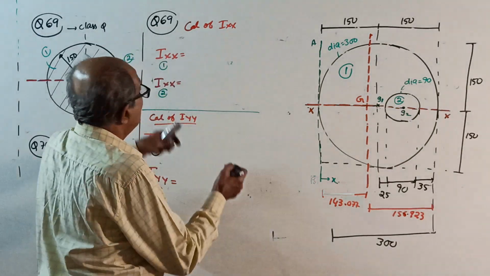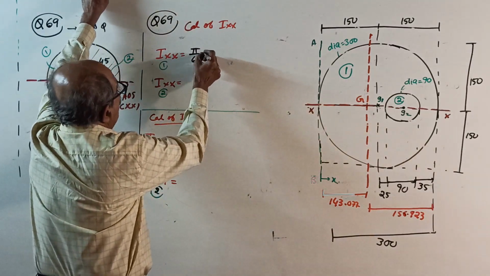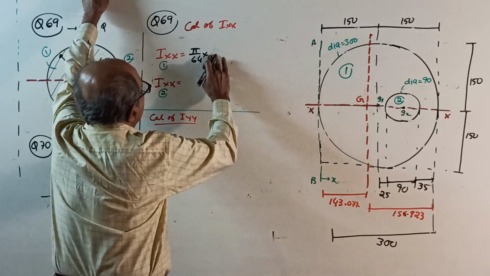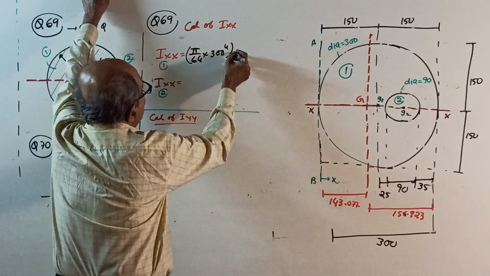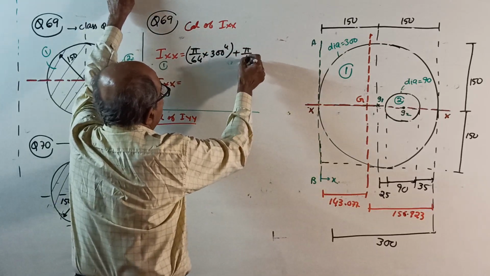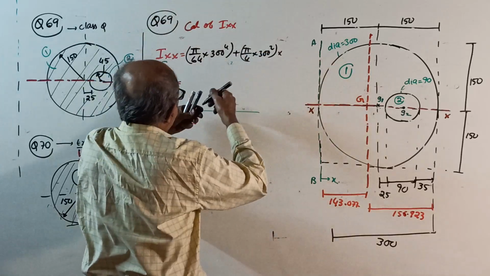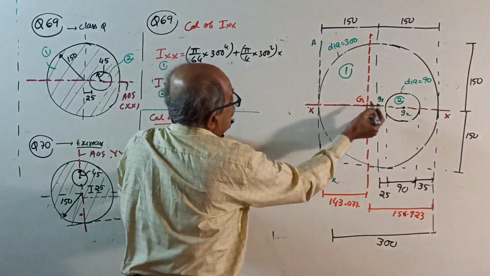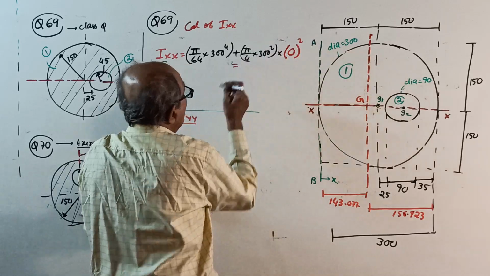Okay, start. IXX. Pi by 64 of how much diameter? 300. Okay. 300 power 4 plus area, pi by 4 of 300 square, area into, I already told you, your centroid G1 lies on XX, into 0 square, get the answer.